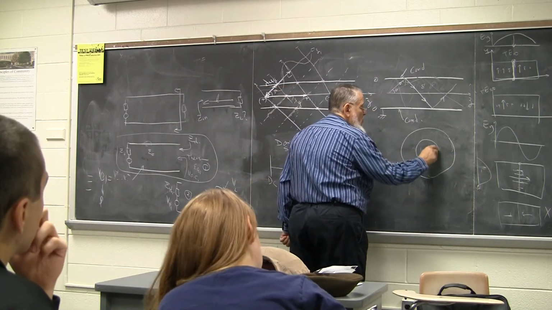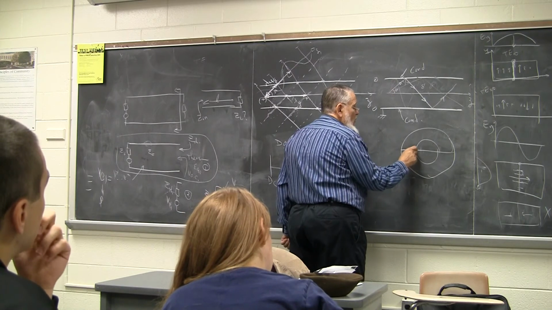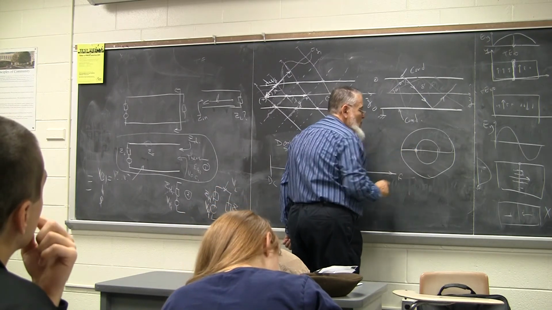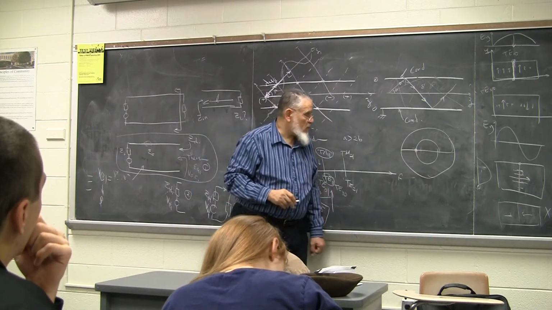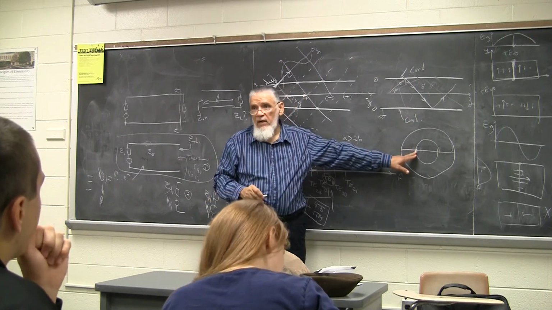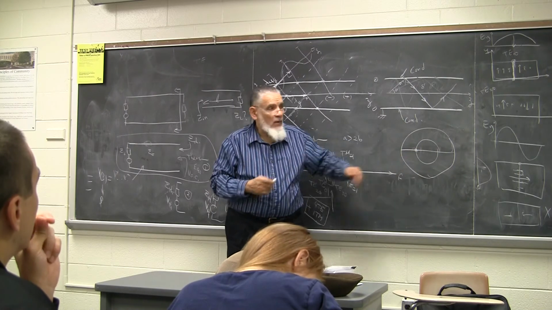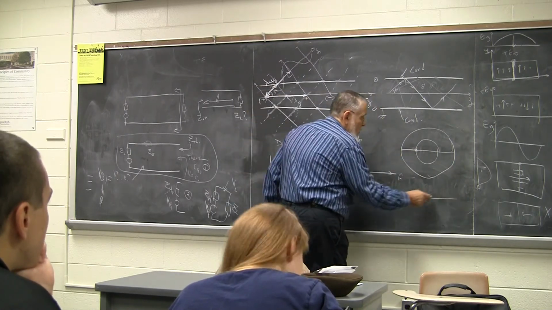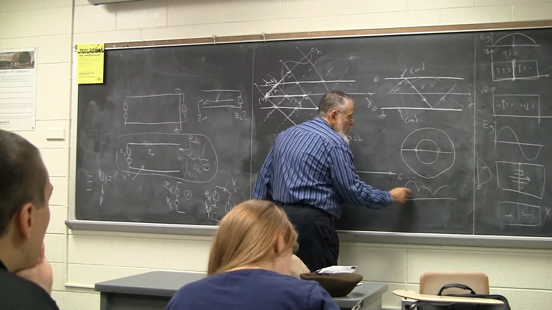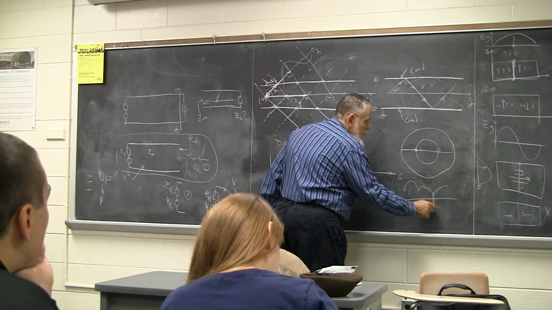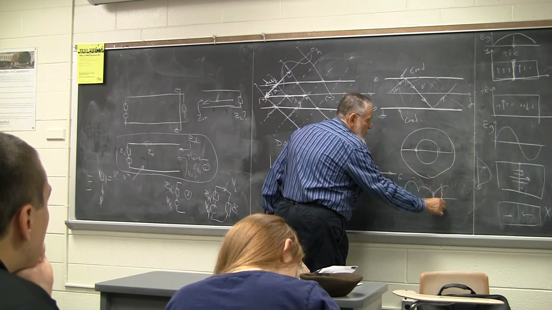So your voltage minimum happens right here. On the Smith chart, that's where your voltage minimum happens. So if I go on the line, and here's my signal, and I know where the voltage minimum is, and there's a load here somewhere.